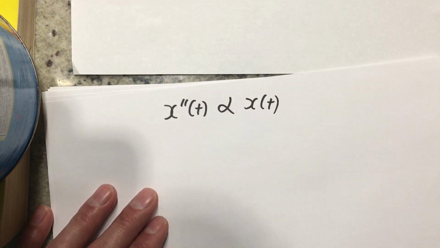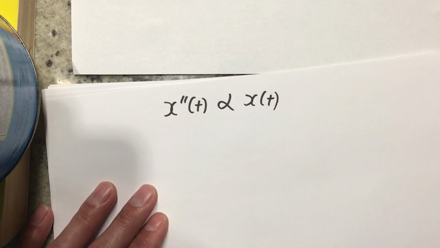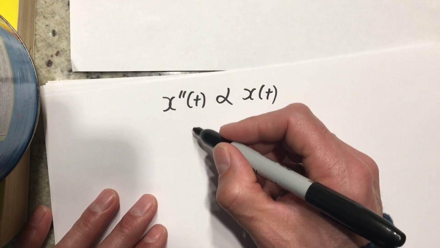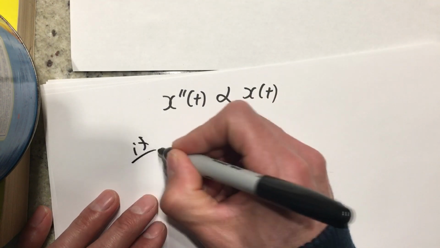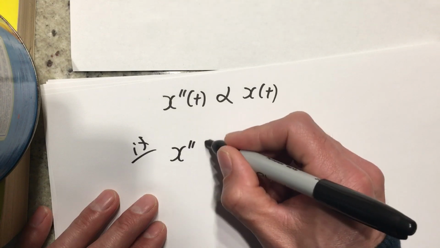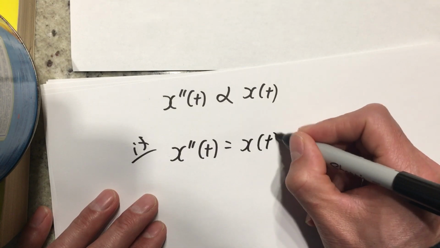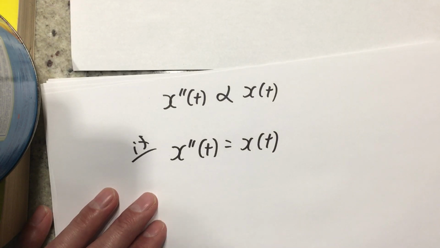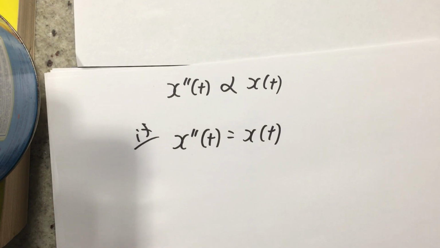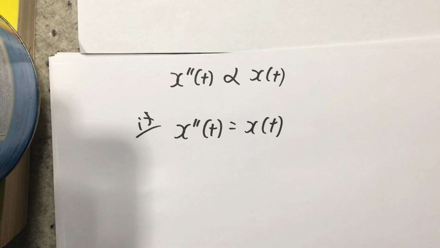Well, to understand this better, let's consider an example. What if the second derivative was equal to the function? When have we ever seen this? You have to remember back to having learned to take the derivatives and second derivatives of various functions.